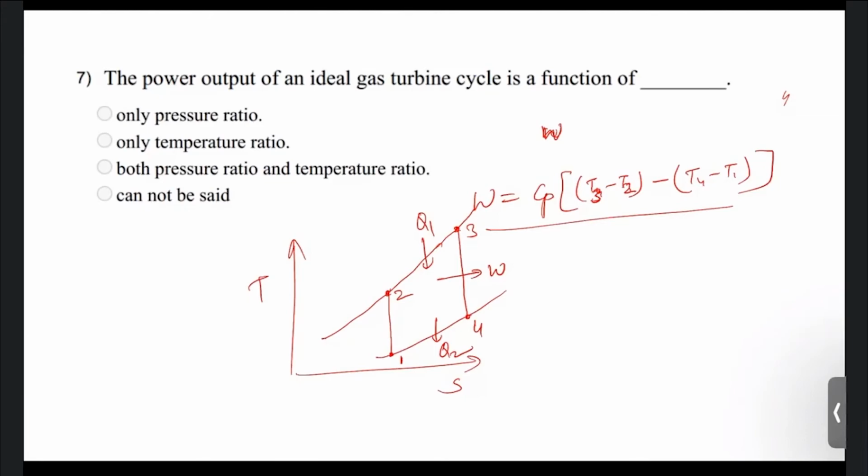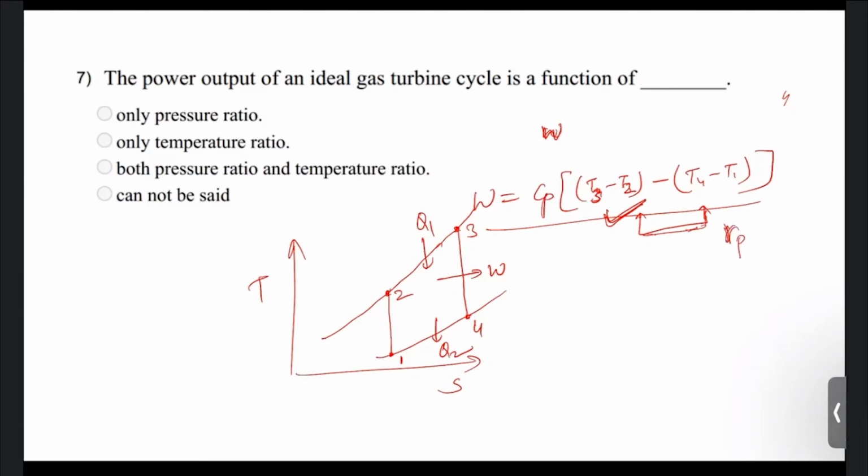So the power output, and this we also looked upon the optimum work output as well. So all this power output depends on temperature. Okay, as well as with this temperature limitation, this temperature limitation also affects the pressure ratio as well.